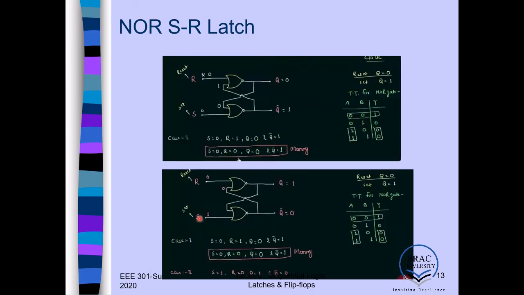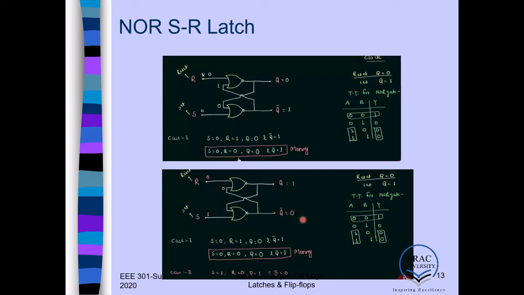If either of the inputs is 1, say this one is 1 and this one we don't really know, either 1 or 0, then this output would be 0.